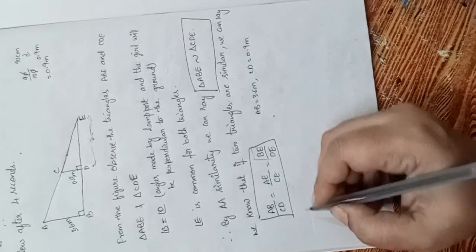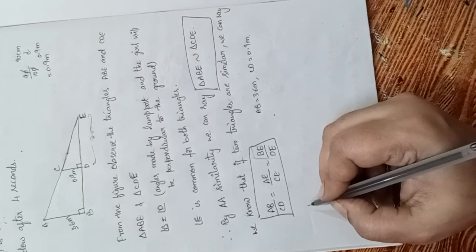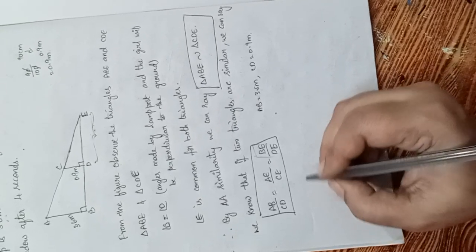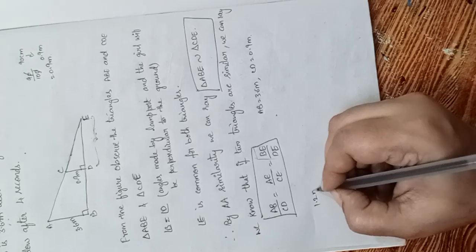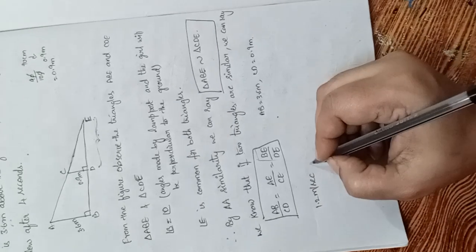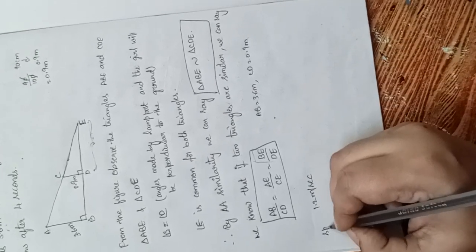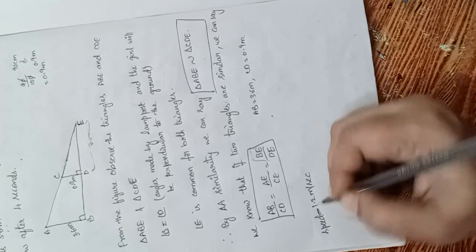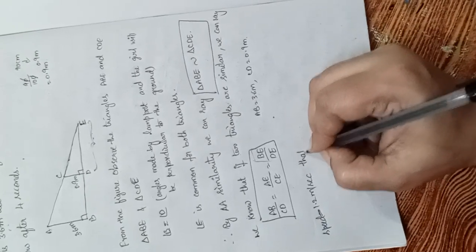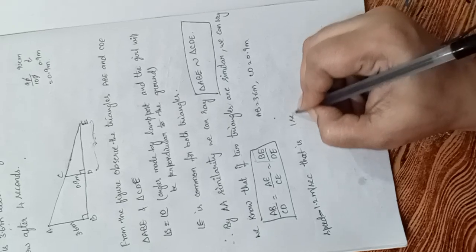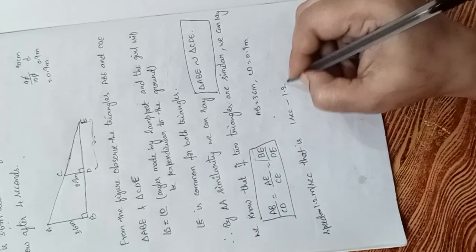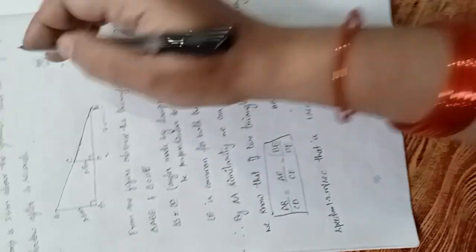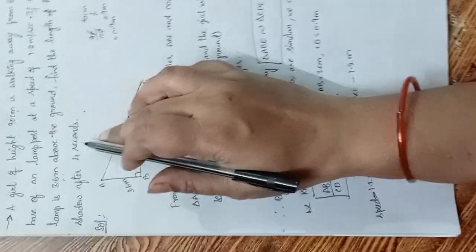First, we know the girl is going away from the lamp post at a speed of 1.2 meters per second. That is, in 1 second she is moving 1.2 meters away. They asked the length of her shadow after 4 seconds.